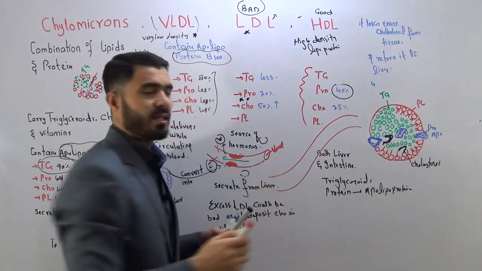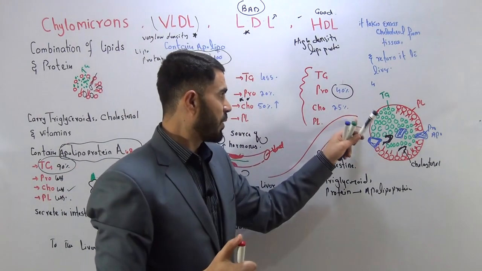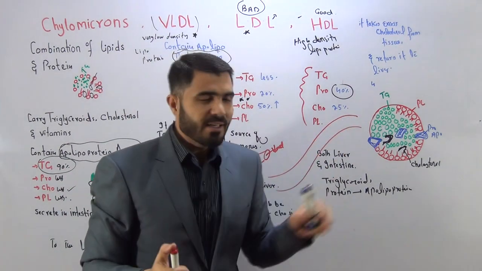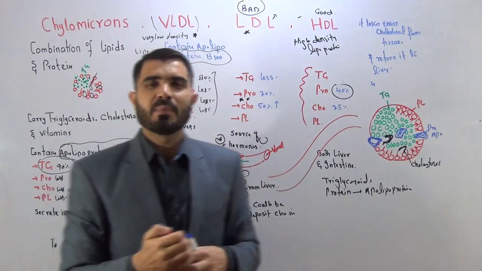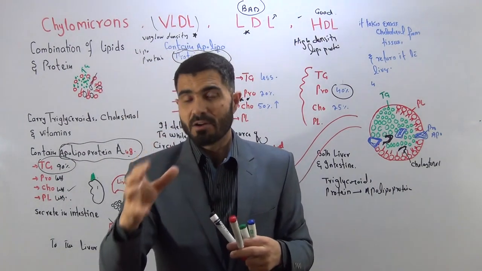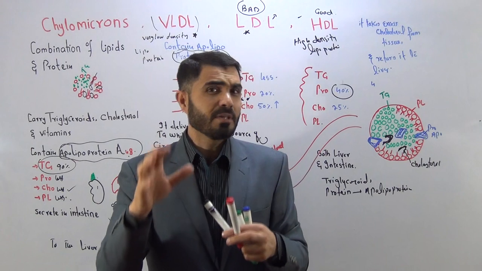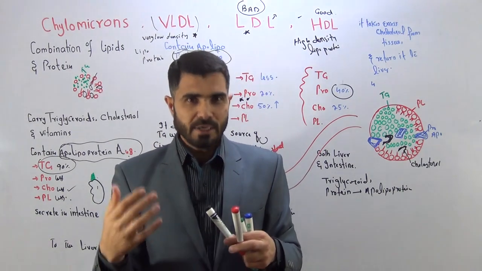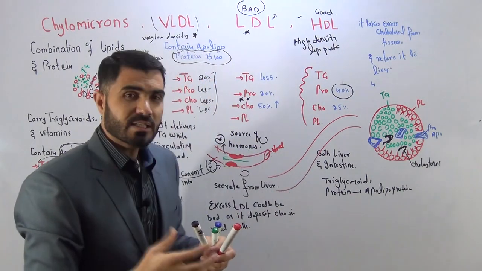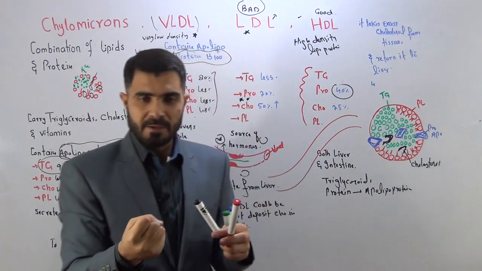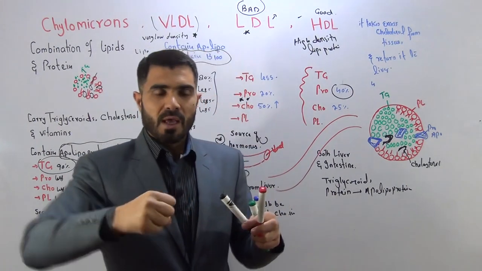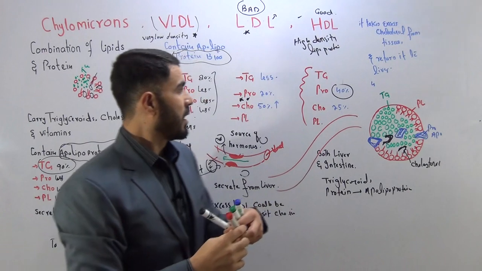This structure starts circulating in the blood. It moves from one place to another place, and it just checks whether there is some extra cholesterol or not. If some extra cholesterol is present in our blood, extra fat is there, let's suppose, it will just catch this extra lipid, extra cholesterol, and take it to the liver.